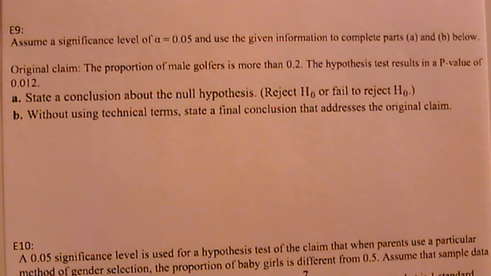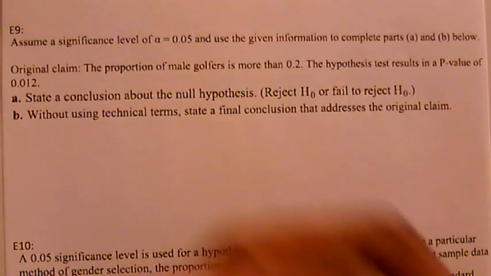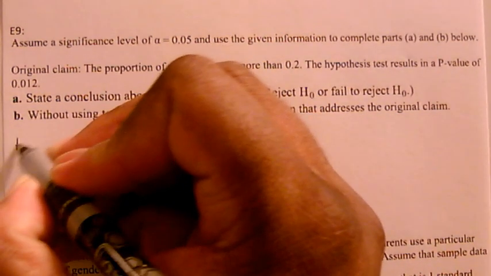Here the original claim is that the proportion of male golfers is more than 0.2. The hypothesis test result in a p-value of 0.012. Here you want to state the conclusion about the null hypothesis, whether to reject the null or fail to reject the null hypothesis. And without using technical terms, this is part B, state the final conclusion that addresses the original claim.